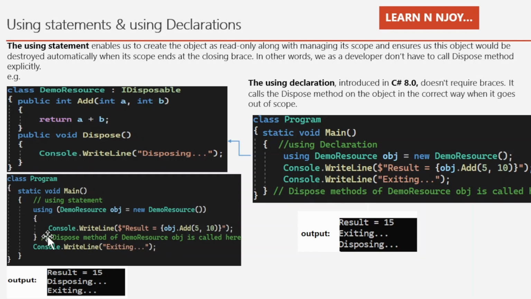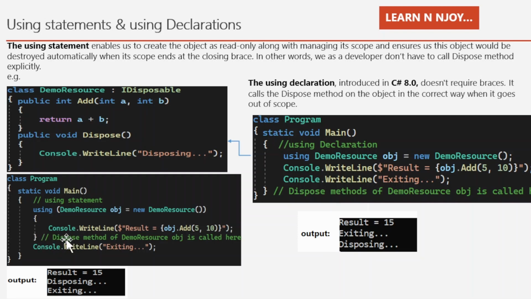Okay, and if you see the output over here, first the result got printed. It just calls this Add method, and whatever result we get from this Add method, we are printing via this Console.WriteLine statement, right? So that's why the result got printed over here. Next I'm seeing "Disposing." Why did "Disposing" get printed as the second line? Because at the end of the using statement there is a curly brace.